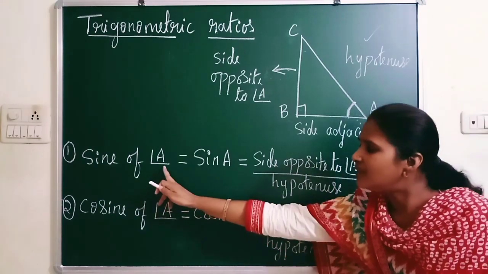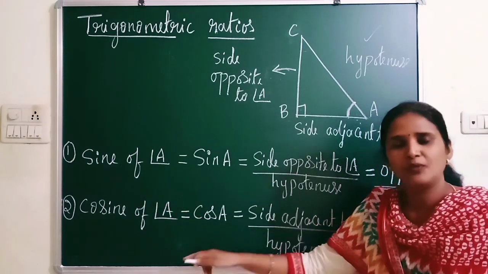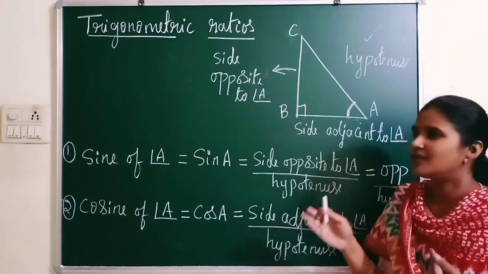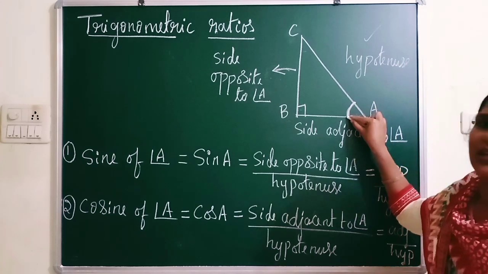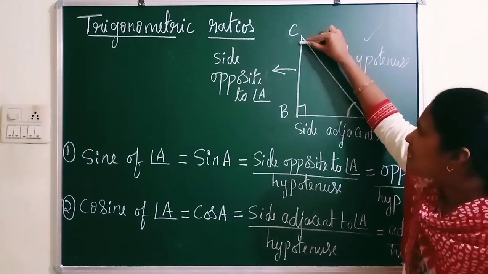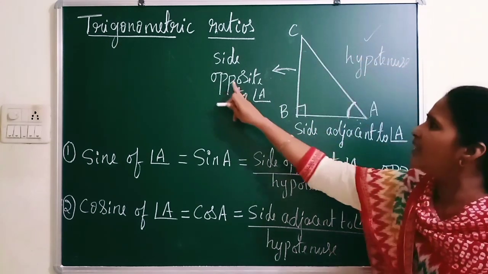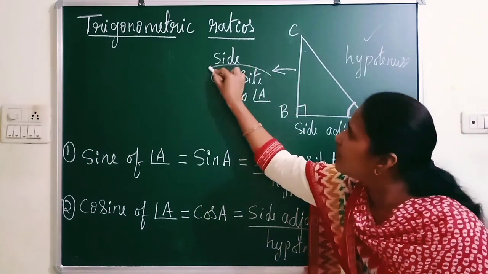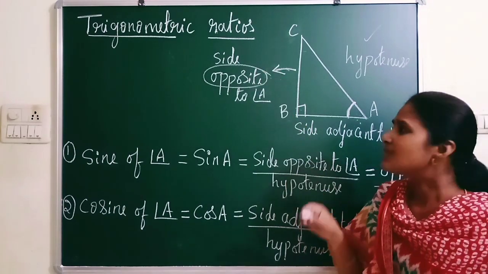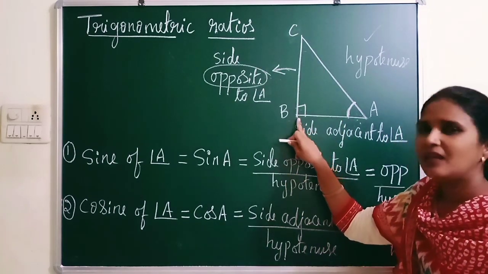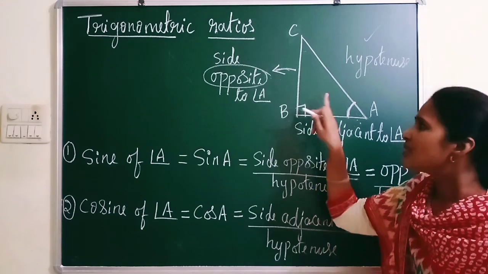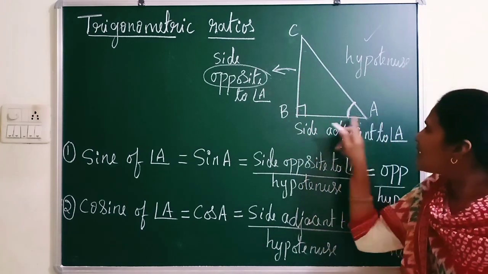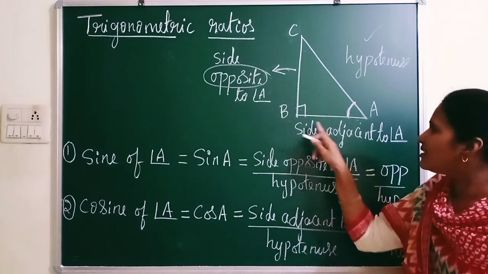Because I am writing the ratios with respect to A. If you write the ratios with respect to C, this will change. So here I am taking A as the acute angle. The main word is opposite. The side opposite to angle A is nothing but BC. And the side adjacent to this angle is BA.